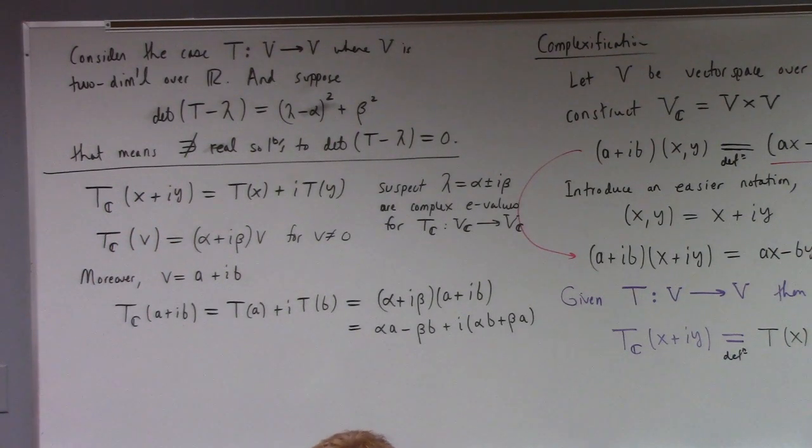Just remember i squared equals minus 1 and proceed normally. Oh, look at this. So this is why, if we have a complex eigenvector for the complexification, it gives us information about the original transformation. Why?